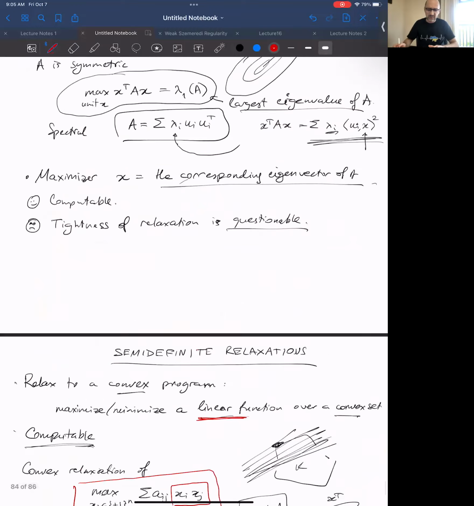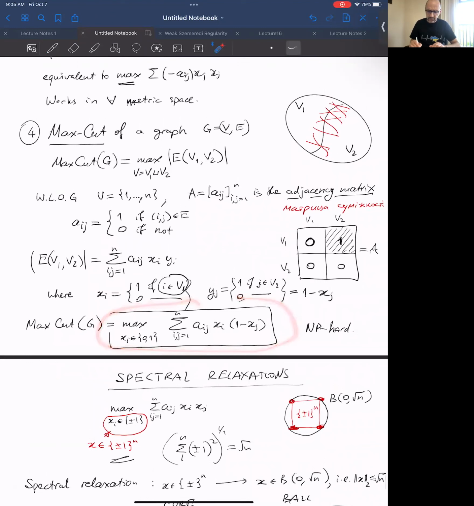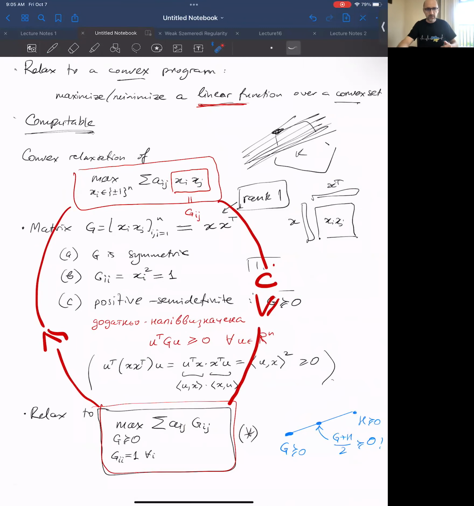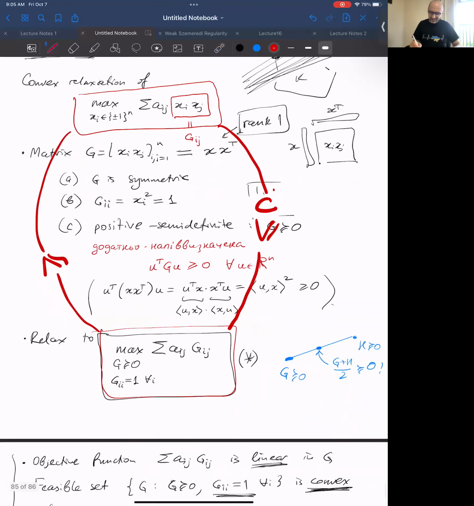Specifically, it's just easier to work with the max cut problem, which is this. The only difference is that we have not xi xj, but 1 minus xi xj. It doesn't really matter, but we will do that on this specific example. We will show how to convert the solution from the gij's back to the xi's, which is approximate. It's not that hard to guess, but it's so beautiful. Any positive semi-definite matrix, like someone already guessed, is a Gram matrix of some vectors.